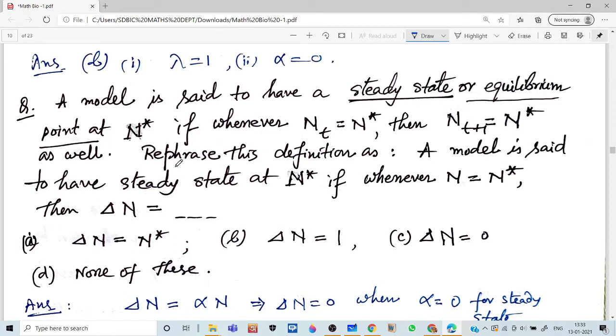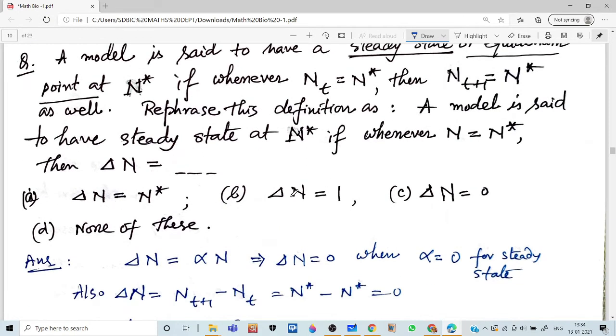Actually, let me rephrase this definition: a model is said to have a steady state at N star if whenever N is equal to N star, then delta N is equal to... the options are N star, 1, 0, and none of these.